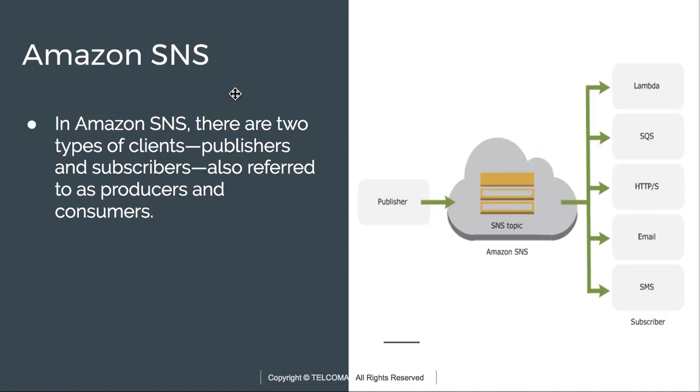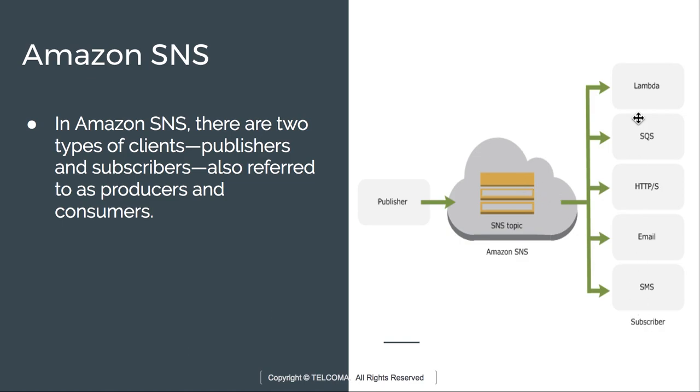In Amazon SNS we have two types of clients. One is publishers and the other is subscribers, which are also referred to as producers and consumers. So if we have a publisher and an SNS topic, this is Amazon SNS. Here we have created a topic, which we call an SNS topic.